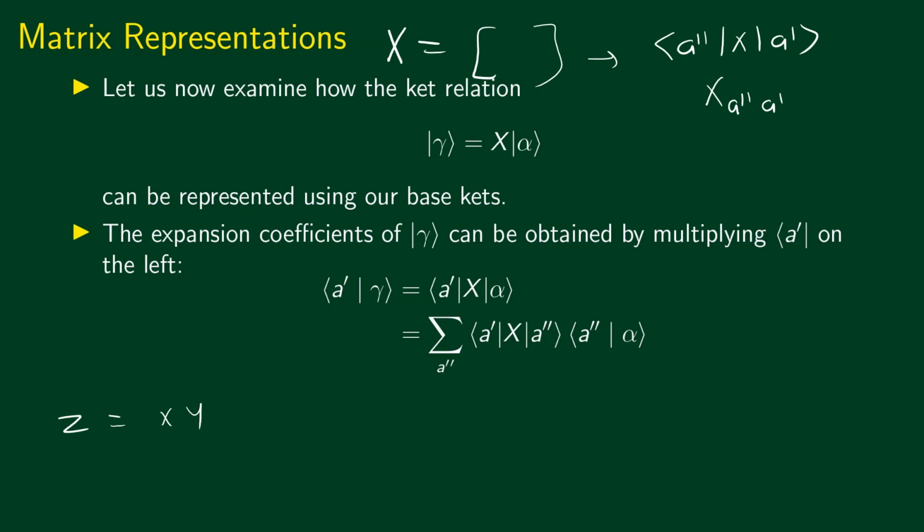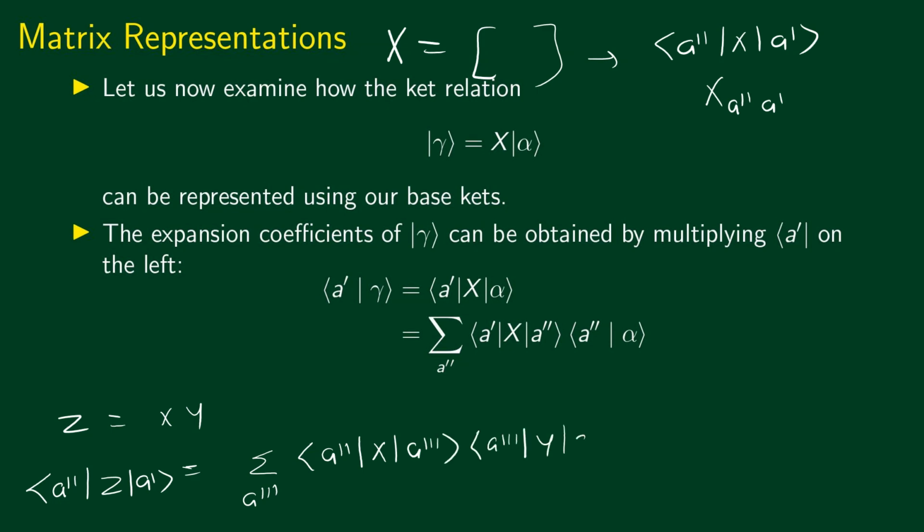And we saw that the matrix elements in this case can be represented as the multiplication of matrices. For example, we can write the A'' A' element of Z as a sum over A''', bra A'' X ket A''', bra A''' Y ket A'.